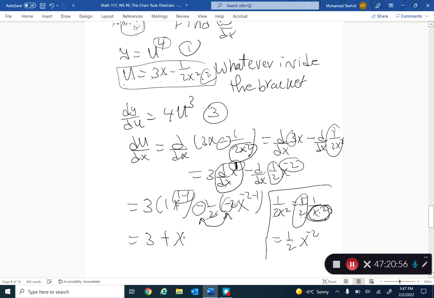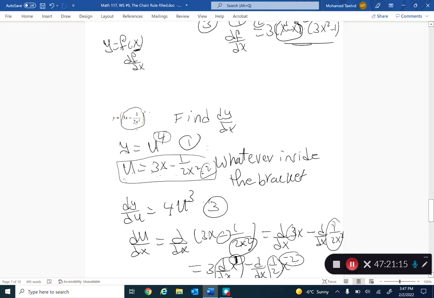So what do you have left? X to the power negative 2 minus 1, you get negative 3. Negative times negative gives positive, and the 2 cancels with the 2, you get 1. And that is du by dx. This equation we call number 4.